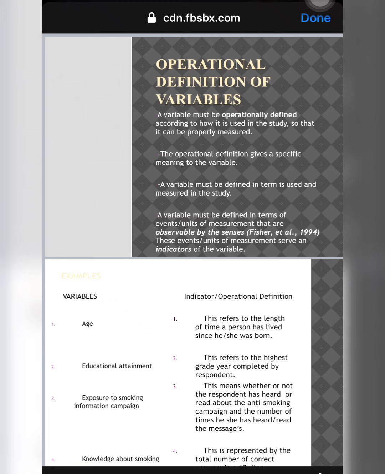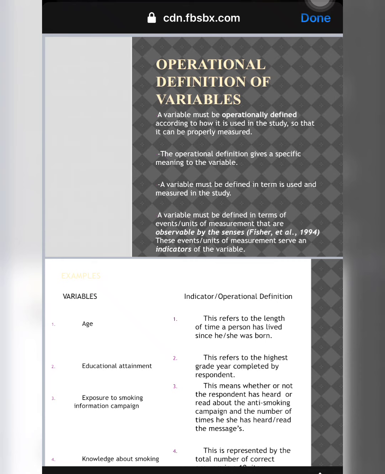A variable must be defined in terms used and measured in the study. A variable must be defined in terms of events, units of measurement that are observable by the senses. And these events, units of measurement, serve as indicators of variables.